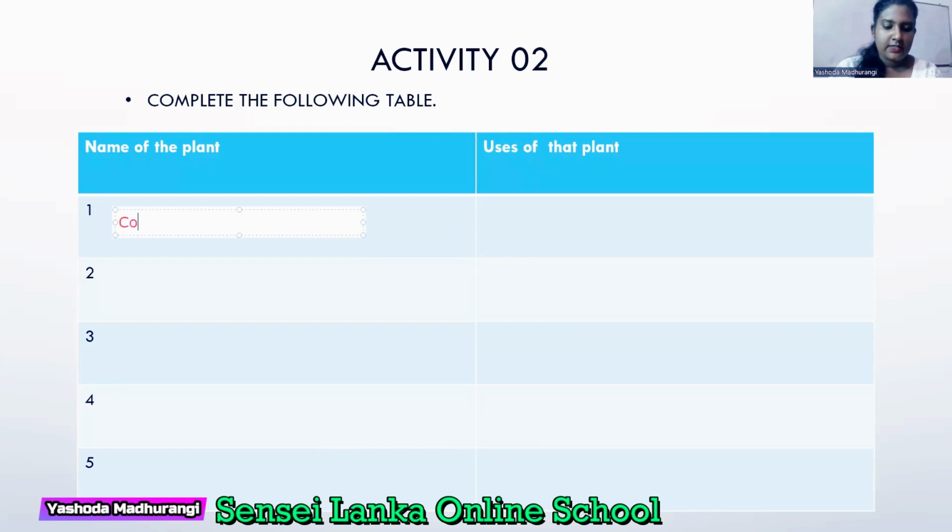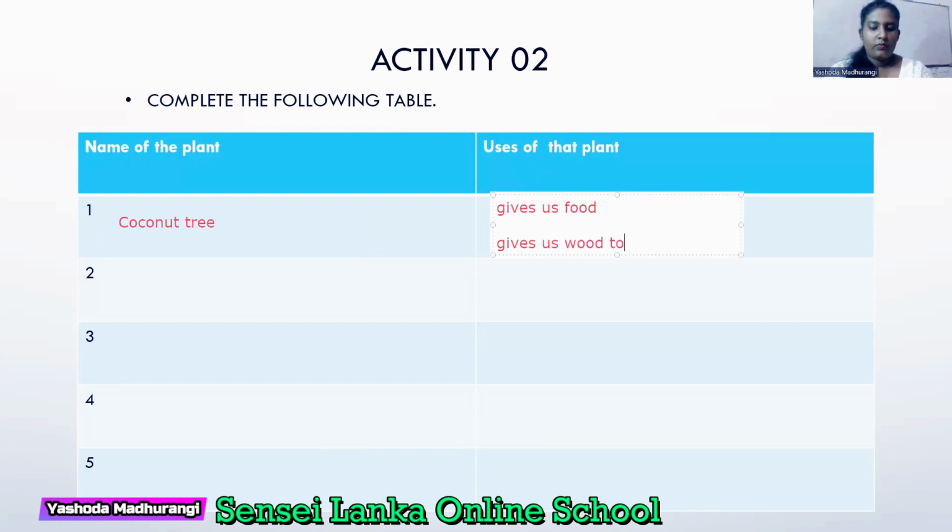Here I will write coconut tree. That is 1, coconut tree. Gives us food or the coconut. Gives us wood to make furniture. That is another one. It gives us wood to make furniture.